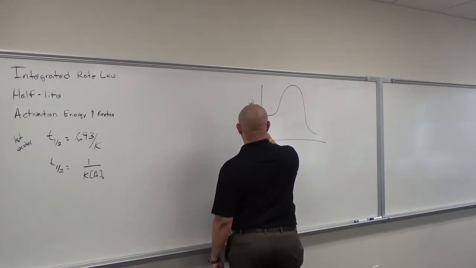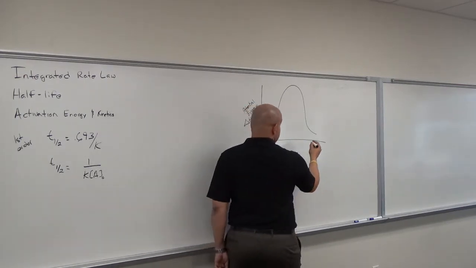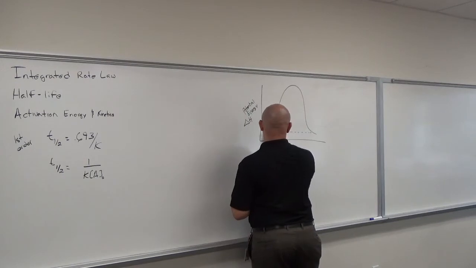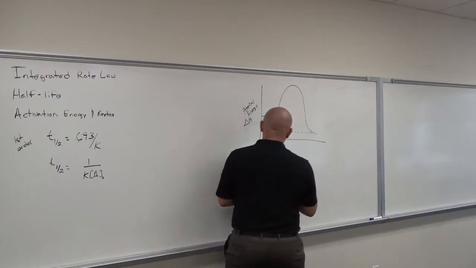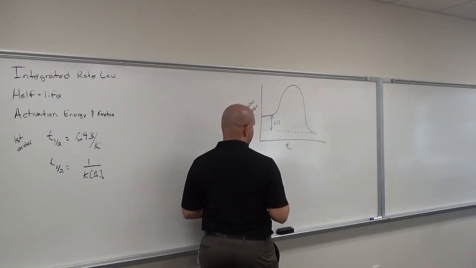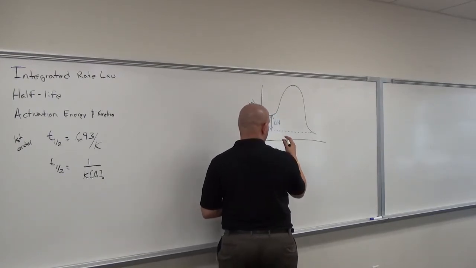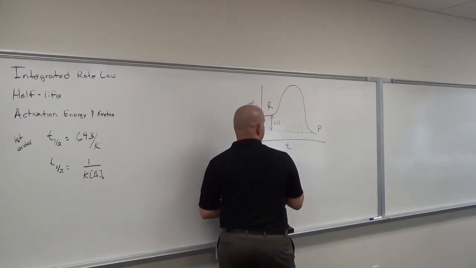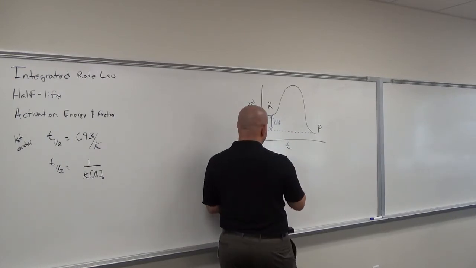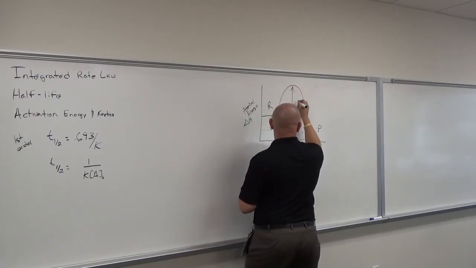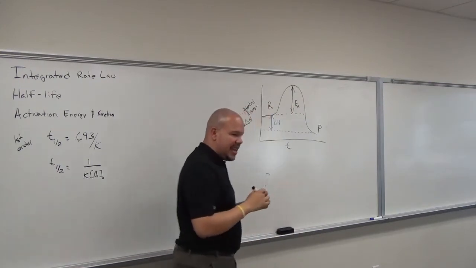You also see this listed as delta H, where the difference in final and initial, right, is delta H. So if this is the beginning of the reaction, and this is time, and this is potential energy, if we can get over the hump and we create, this is reactants, and we have products, the other important variable here is going to be this value. And this value is what we call activation energy, or you'll see that listed as EA.